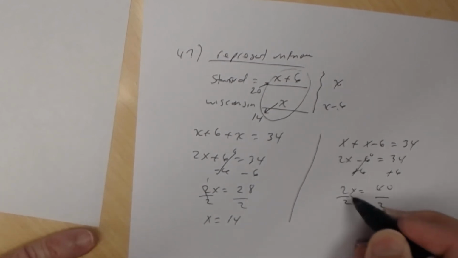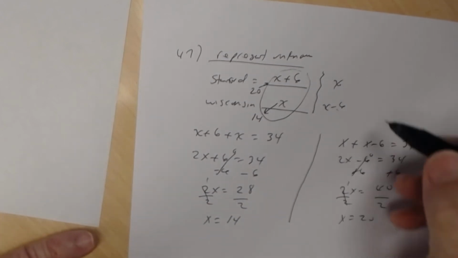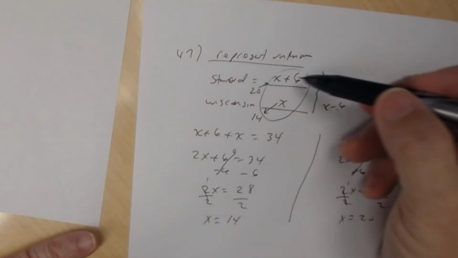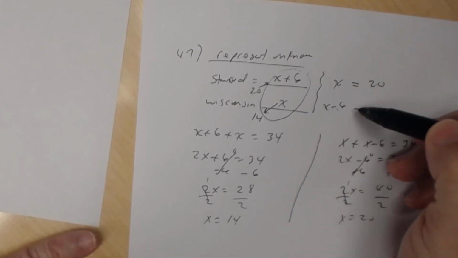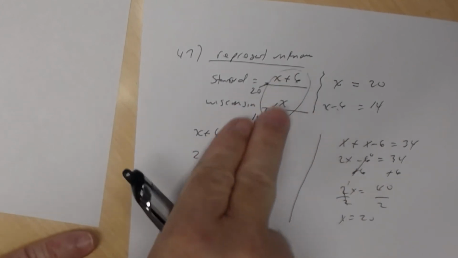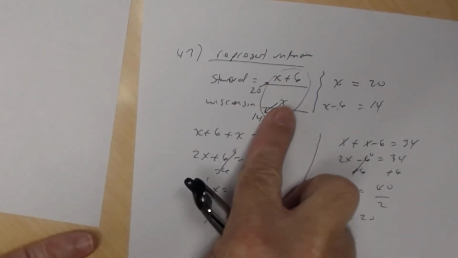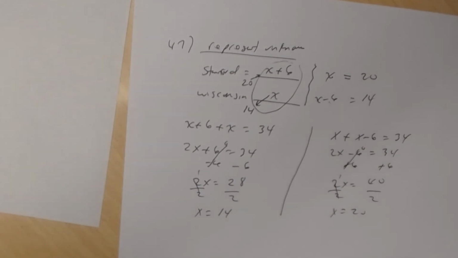Divide by 2. I get x to be 20. So notice this time x is 20, but it still makes sense because that's what we said Stanford was. So Stanford's 20, and then Wisconsin would be 20 minus 6, which is 14. So it did not matter which two expressions you used, but notice how we got these two expressions in either case. Okay, so that's going to take care of this lesson.